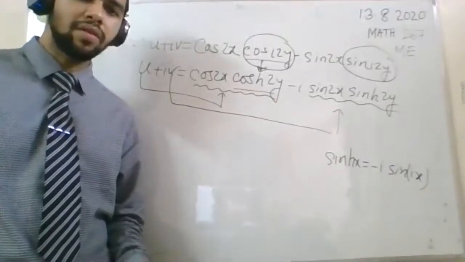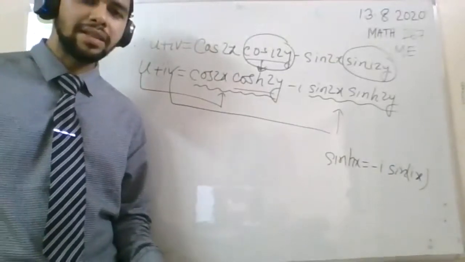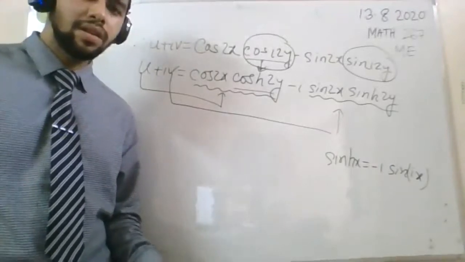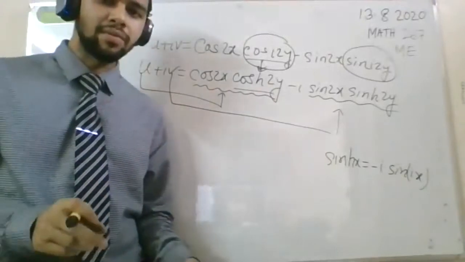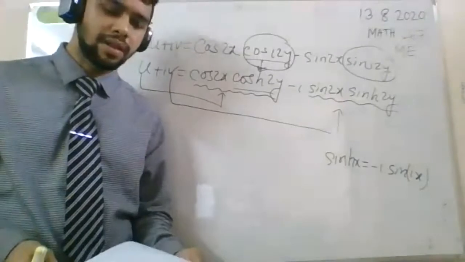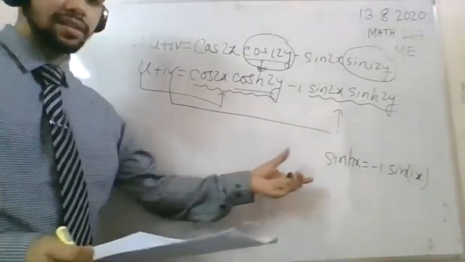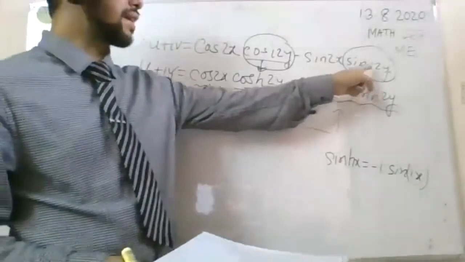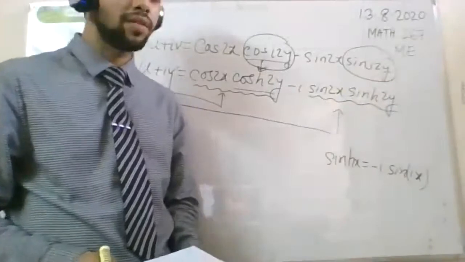For cos it was cos theta equals e to the power i theta plus e to the power minus i theta, but for sin you just have to put a minus sign instead of plus. So you can easily also say that sin i2y equals i sin hyperbolic 2y. Okay.